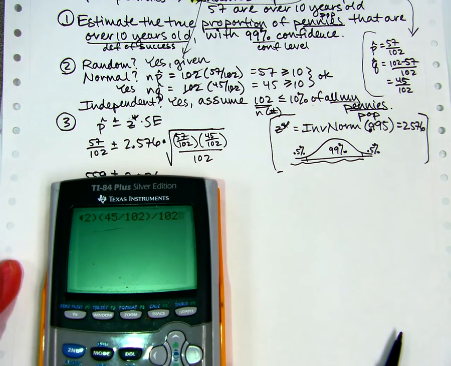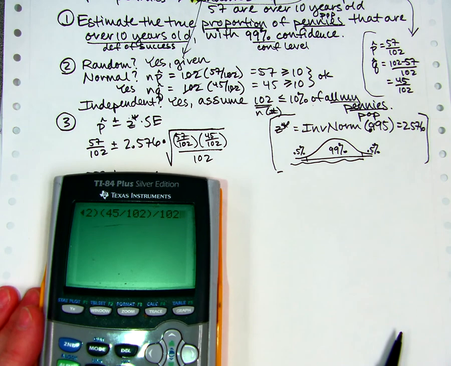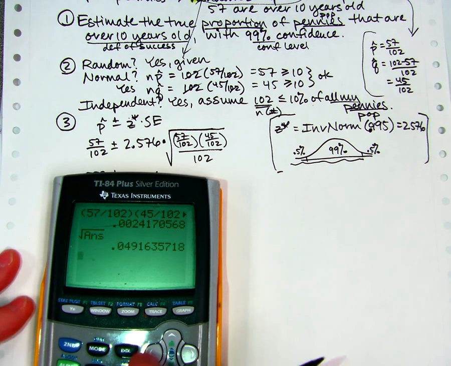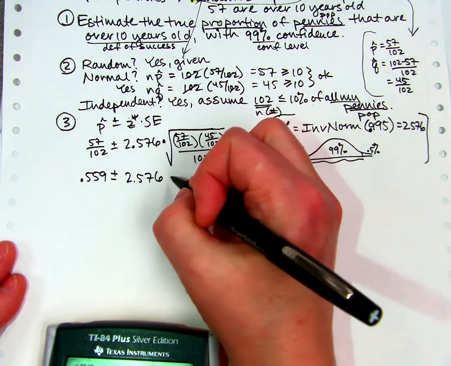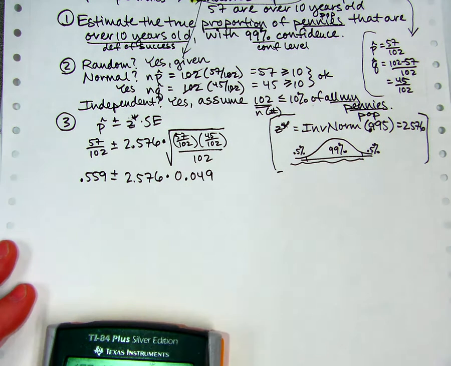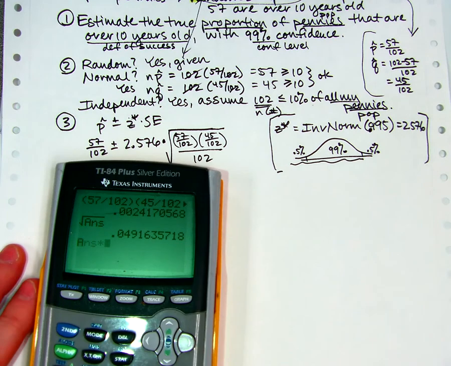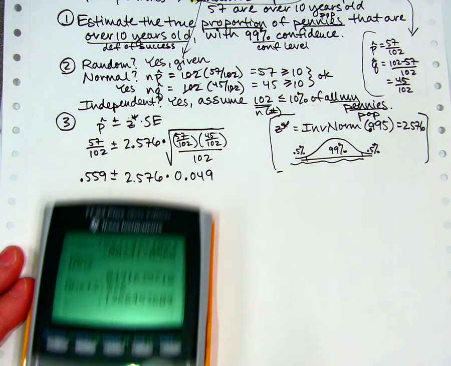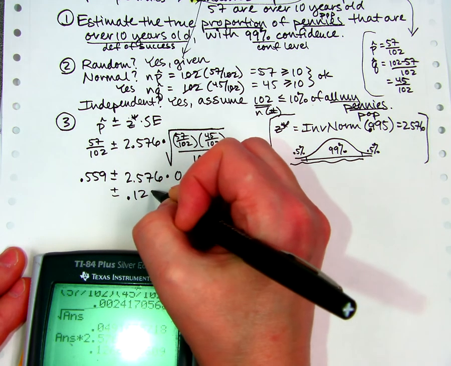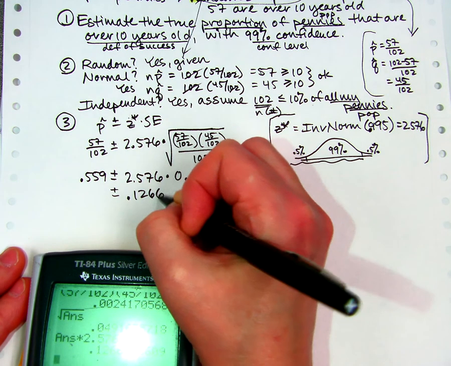Well, you can't really see that, but that's okay. That's the thing under the square root, and then don't forget to square root it. I got 0.049 as my standard error. I'm going to multiply it by the 2.576 and get my margin of error, which is 0.1266. I'm going to leave 2 decimals on that, I think.